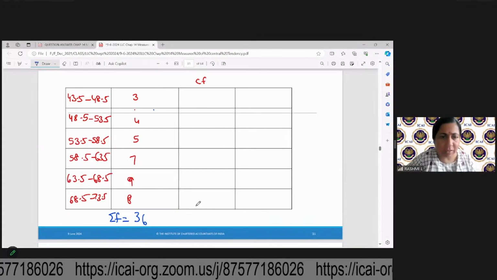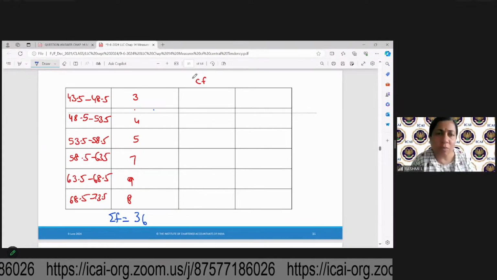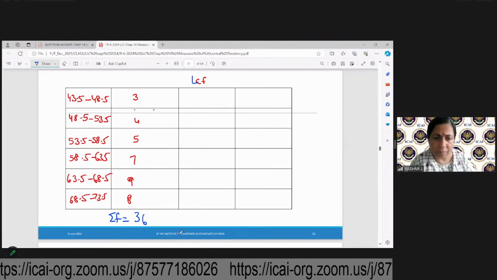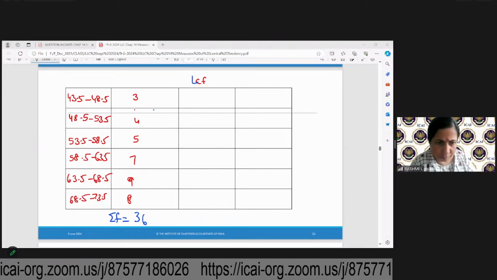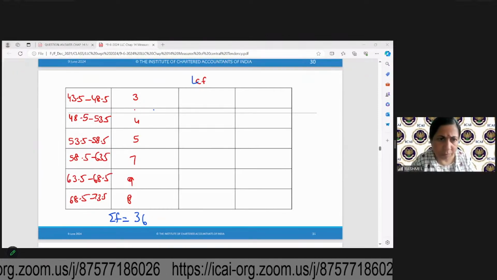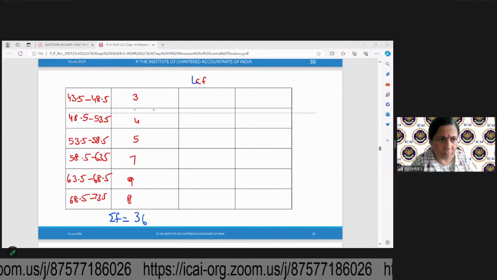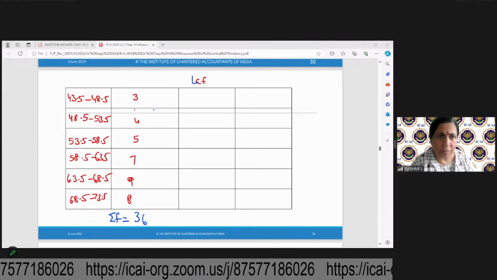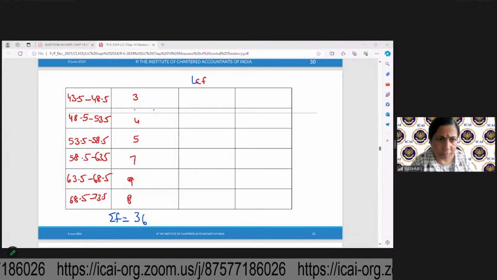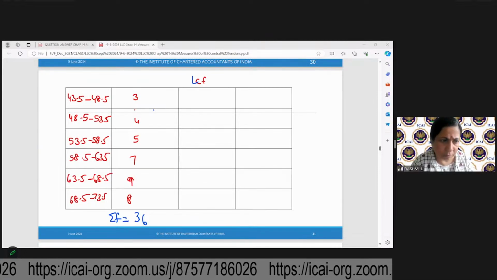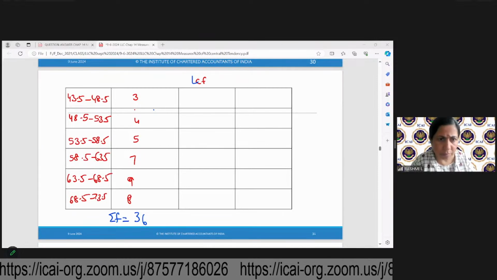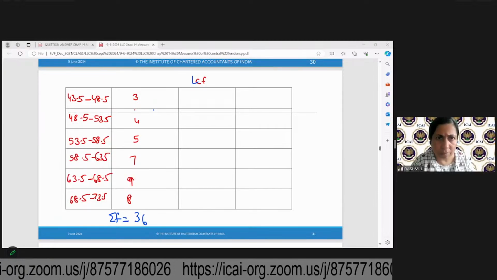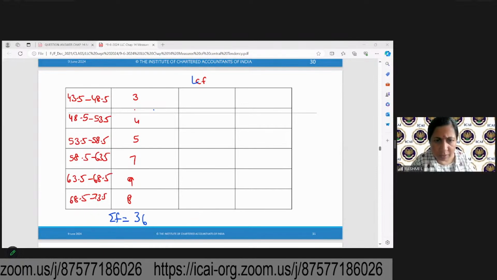Now can you tell me these figures? Less than cumulative frequency, what will I get? 3, 7, 12, 19, 28, 36.